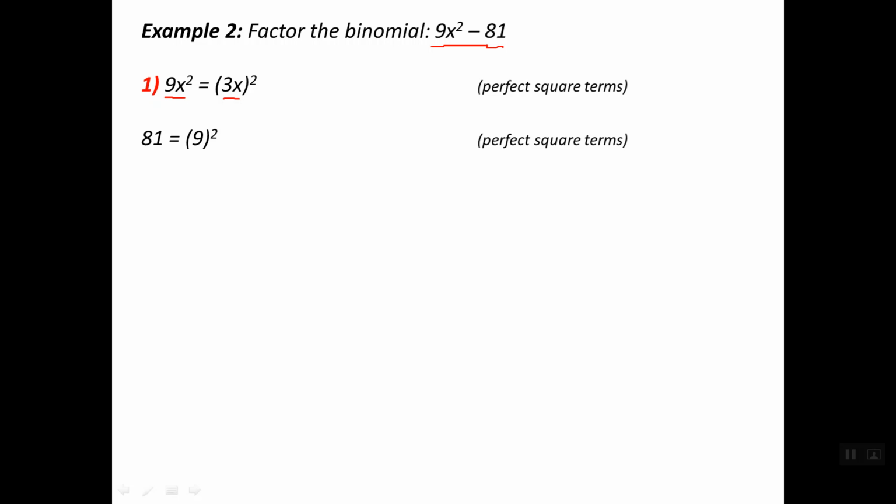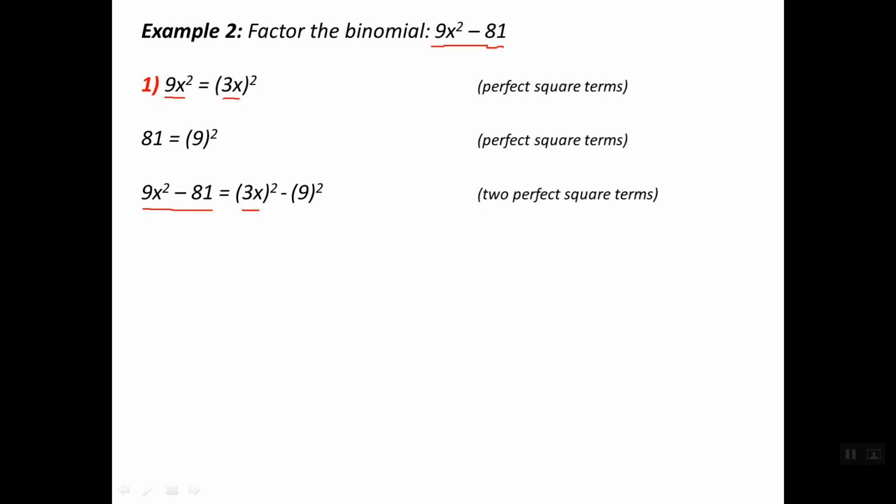So again, the second term is also a perfect square term. Now we can do the factorizing. So the original binomial, which is 9x squared minus 81, is simply 3x all squared minus 9 all squared.